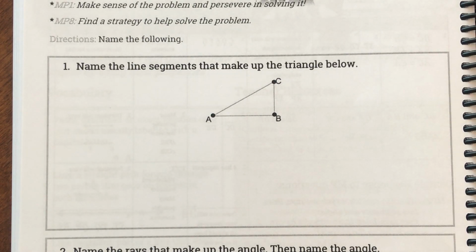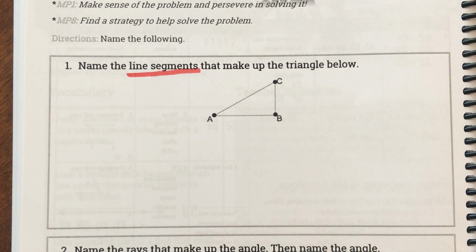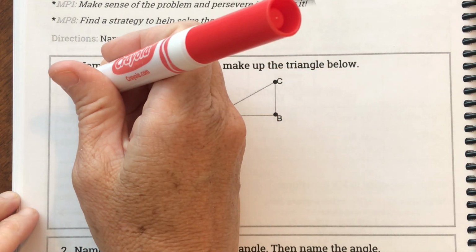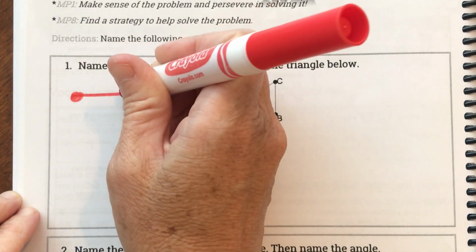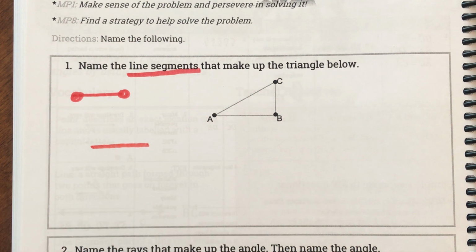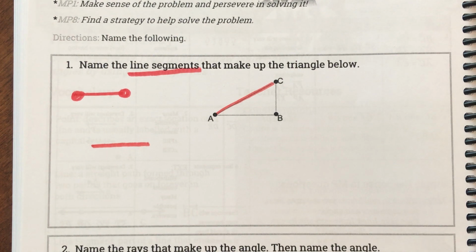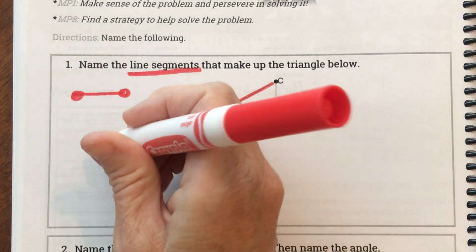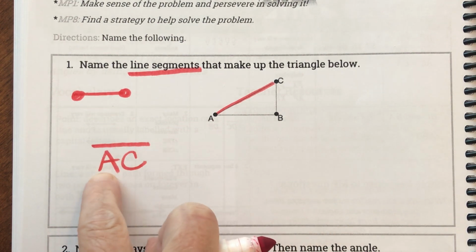It says, name the line segments that make up the triangle below. Okay, so they want me to name line segments. Line segments are end points to end points. They look like this. That's what a line segment looks like, but its notation is just this, straight line. Well, what do I see? I see this endpoint, and I would name that AC. So notation tells me line segment AC.